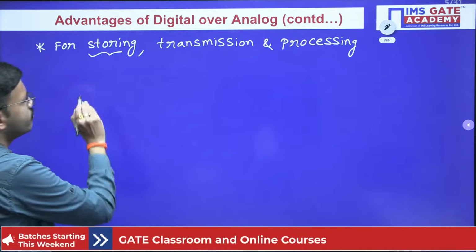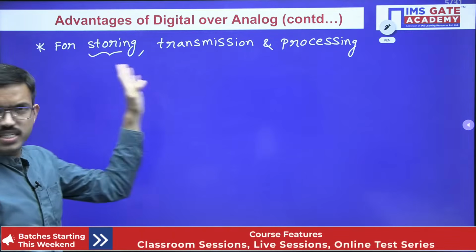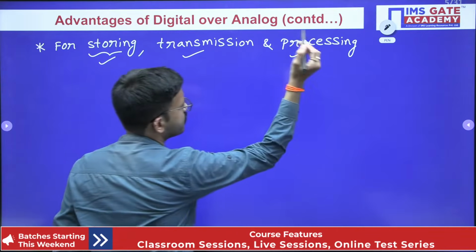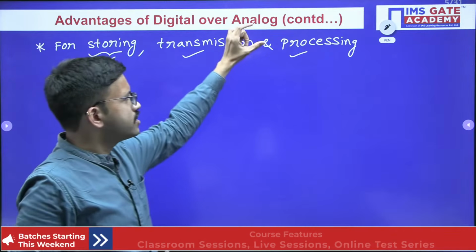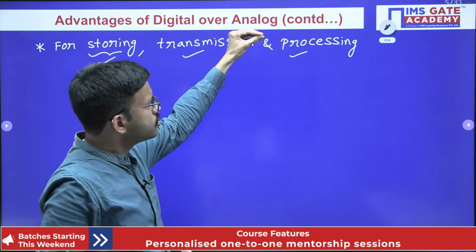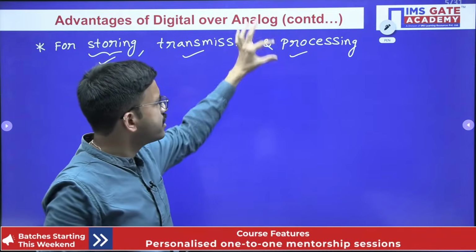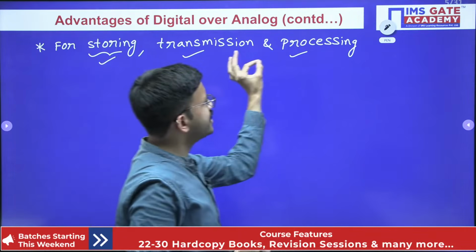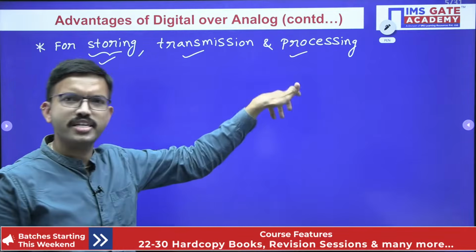That's why nowadays everything is converted into digital for storing, transmission and processing. Here processing, for simple understanding, you can say just storing a particular bit of information and then transmitting it. That itself is also processing, or any mathematical operation.